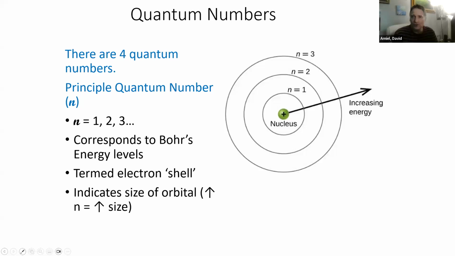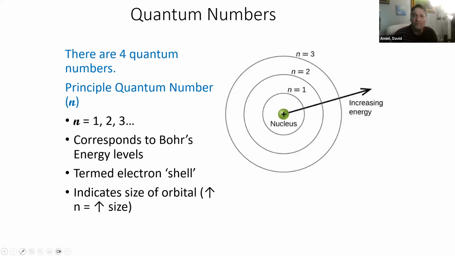The solutions to the equation yield four quantum numbers. The four quantum numbers completely define the state of the electron as it orbits the nucleus. No two electrons on the periodic table have the same four quantum numbers.